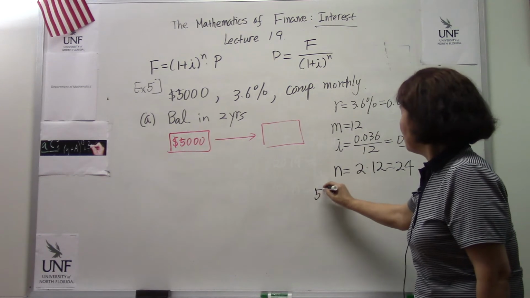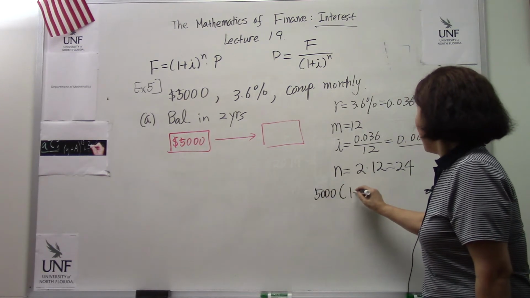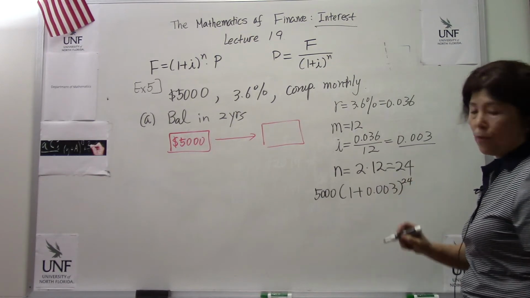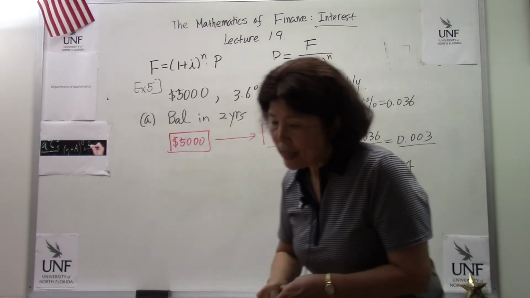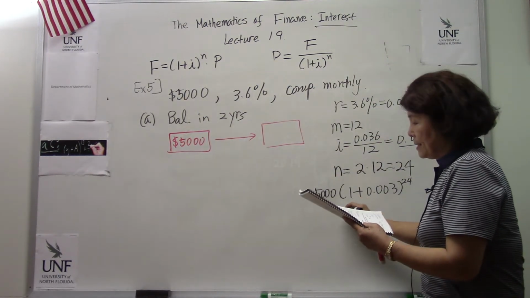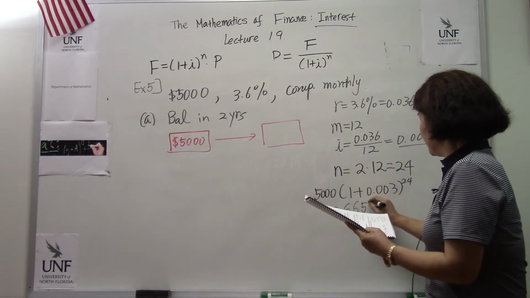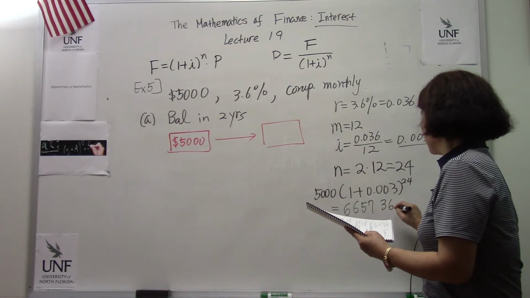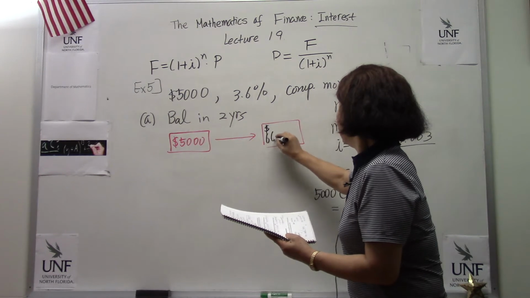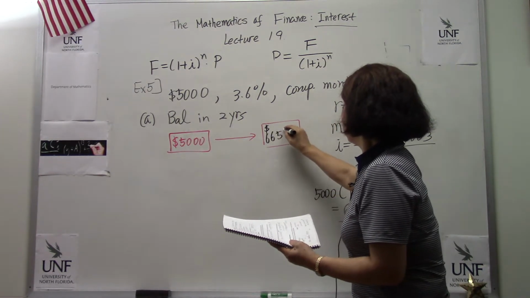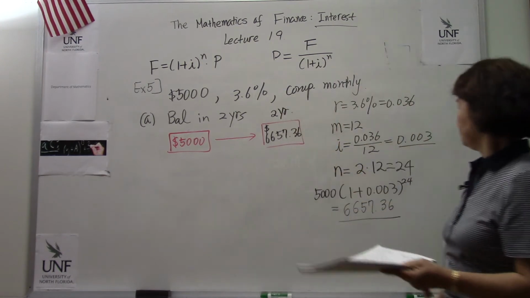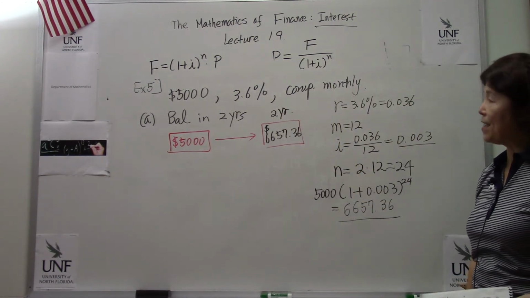That one is going to be 5,000 times 1 plus 0.003 to the 24 power, correct? So that gives you $6,657.36. Okay, so $6,657.36. All right, so this is what you get.